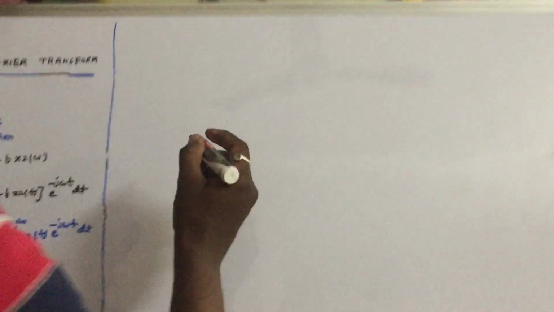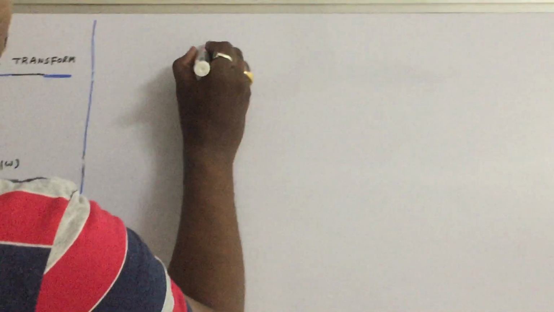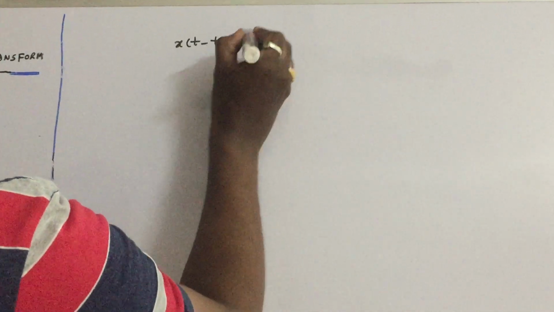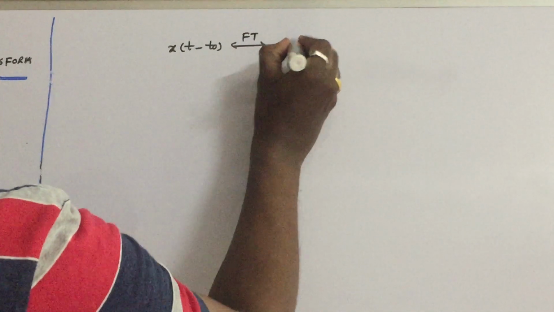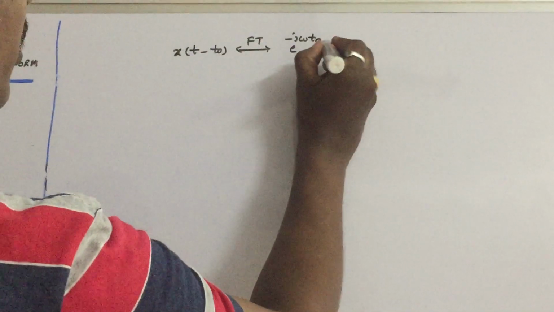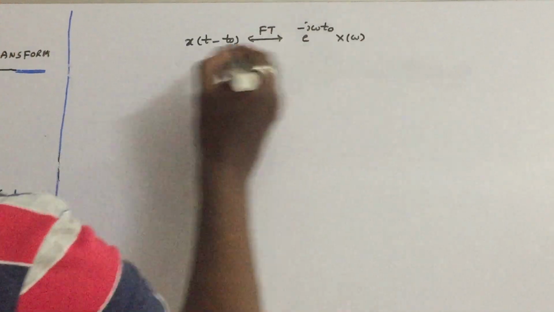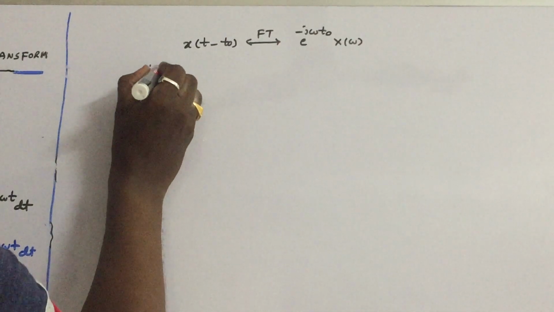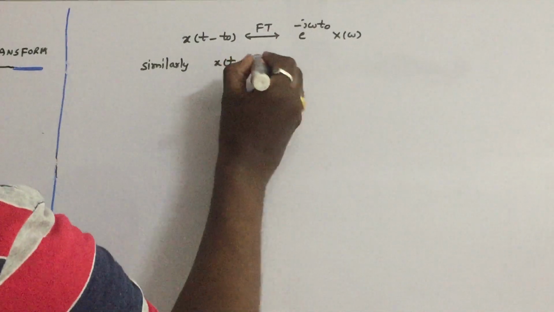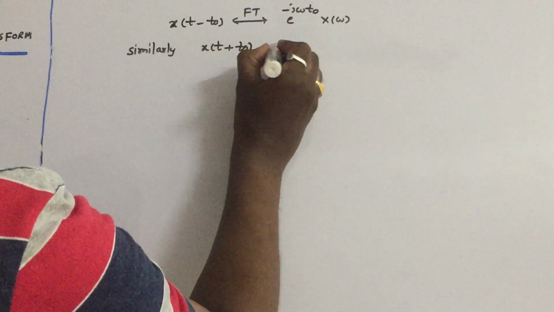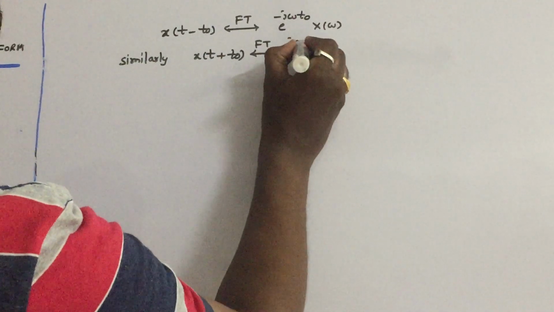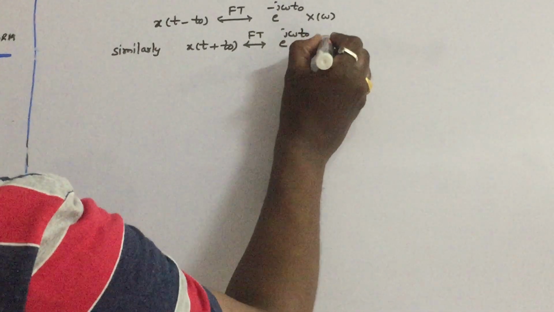Therefore x of t minus t naught's Fourier transform is, very simple formula, e power minus j omega t naught into x of omega. Similarly, if plus is taken, x of t plus t naught's Fourier transform, similarly we can also prove that, is e power plus j omega t naught into x of omega.